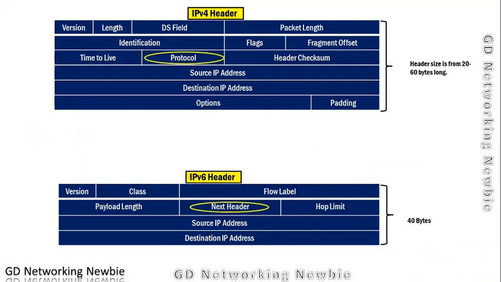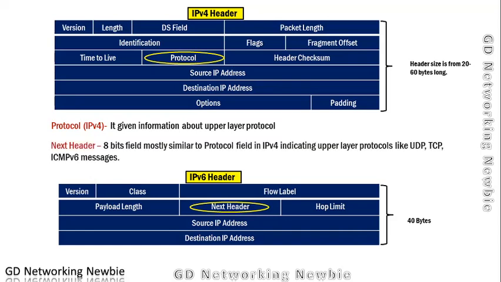And then we have the protocol field in IPv4. The protocol field in IPv4 gives information about the upper layer protocol. It means this IP packet is carrying data from TCP or UDP, because these are the upper layer protocols for which IP provides the services. This protocol field has been replaced, or just renamed with some additional functionality, as the next header.